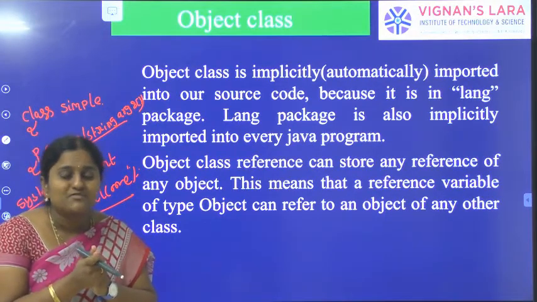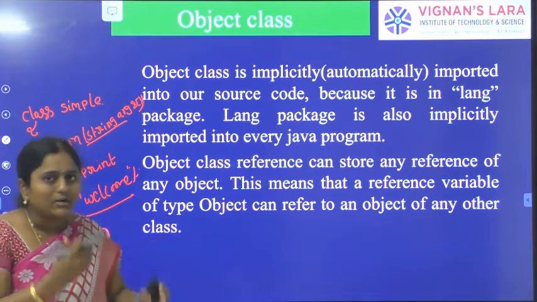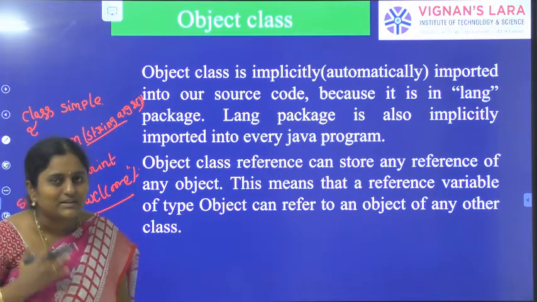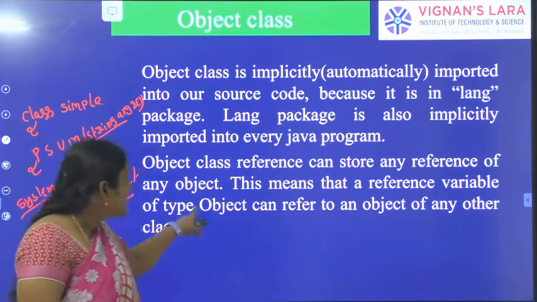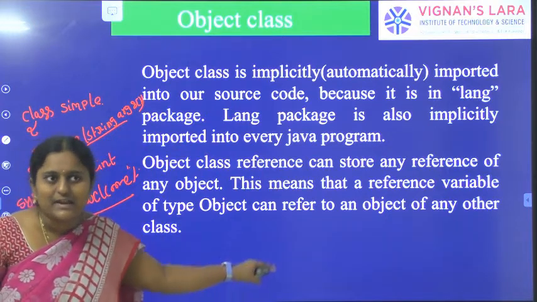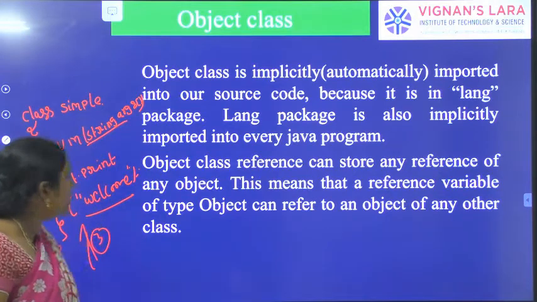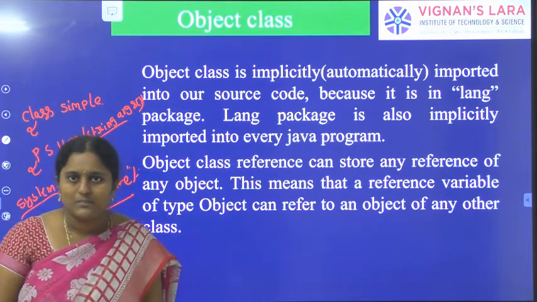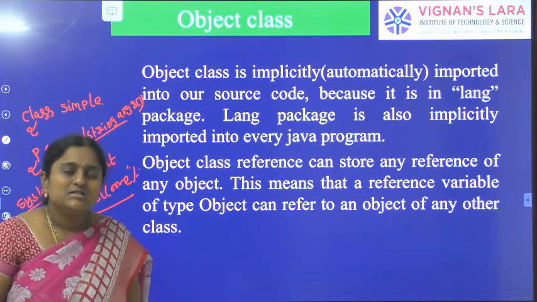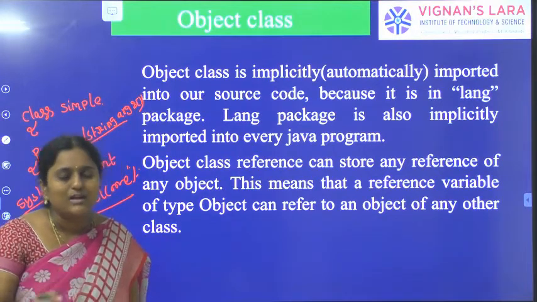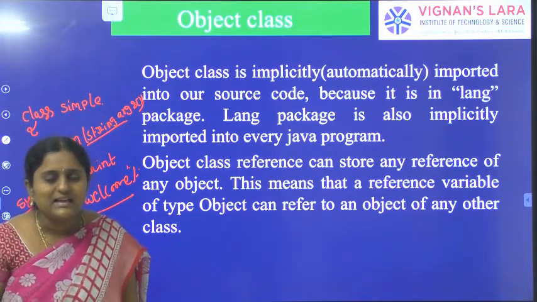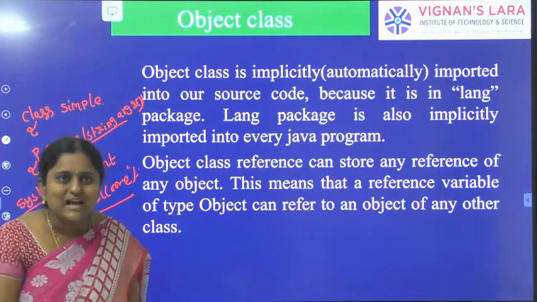So with the help of an Object class reference, we can call any methods. What are the methods present in the Object class? These Object class methods we can call on any object reference. Suppose here I am creating an object of the Simple class, Simple s equal to new Simple. With the help of this Simple class object reference, I am calling the methods present in the Object class, because it is a base class.